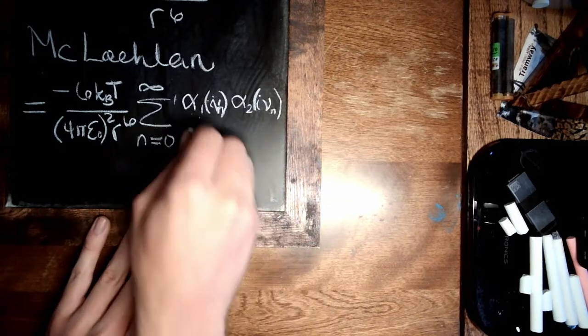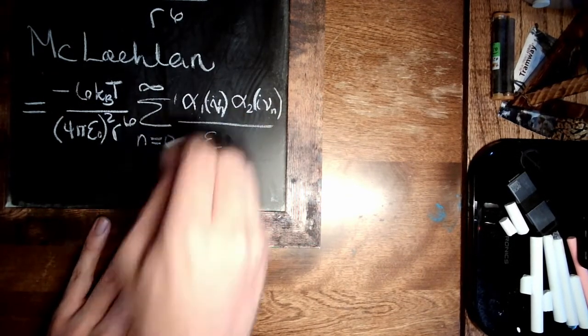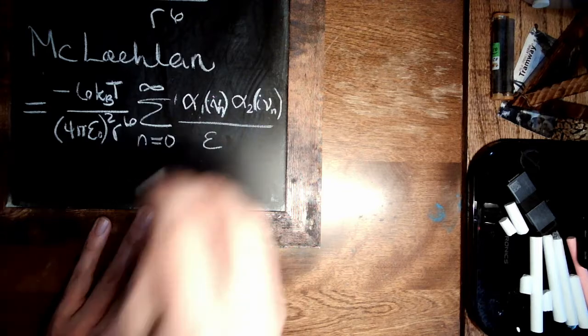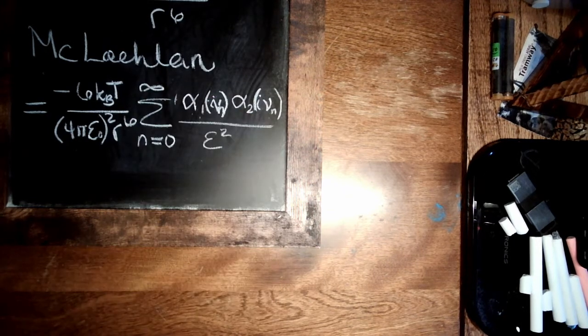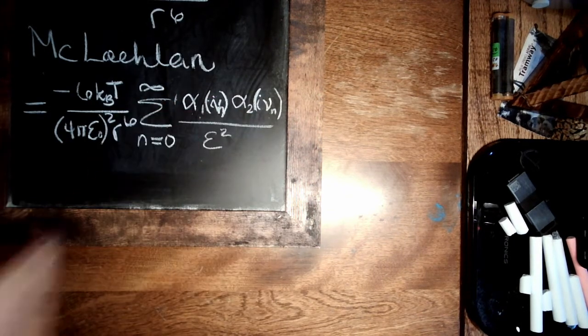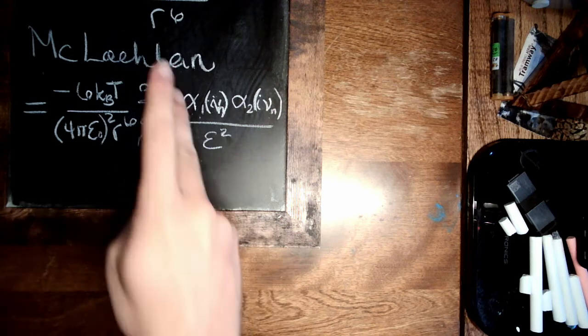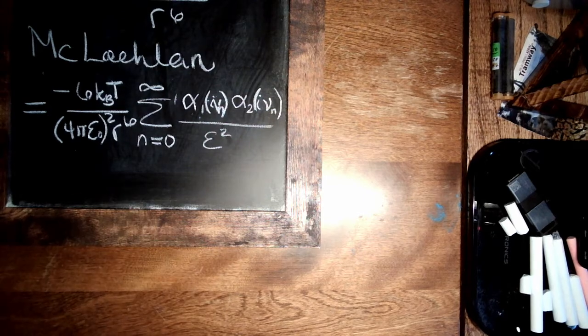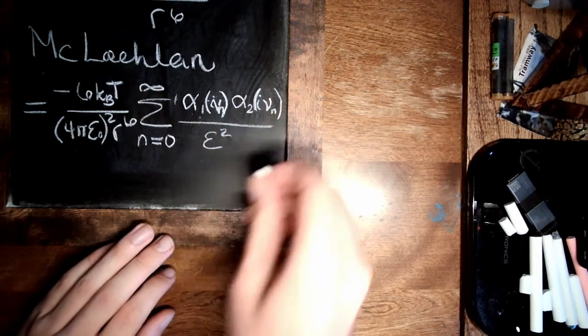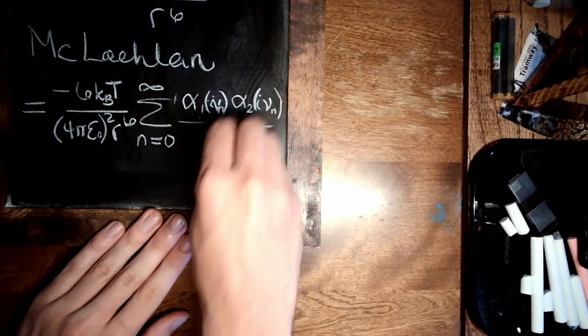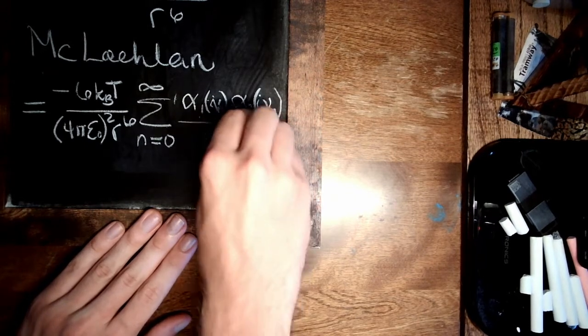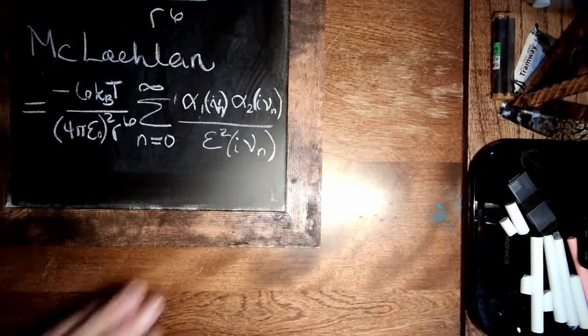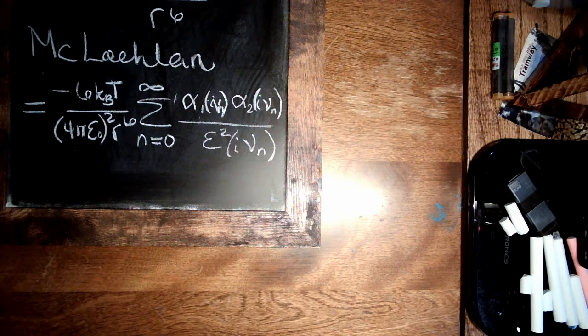And this gets divided by the dielectric constant of the medium squared that the two are in. So you can also apply this to solvents or to different media that the two molecules or atoms might be sitting in. We would like to say this is also a function of the imaginary number times nu n. So nu n are going to be these different frequencies.